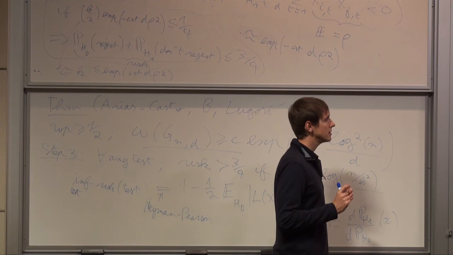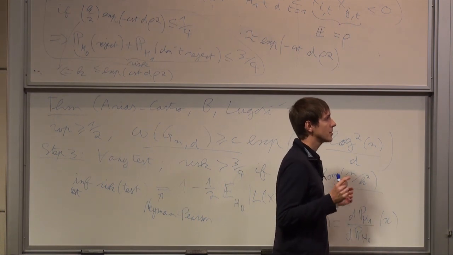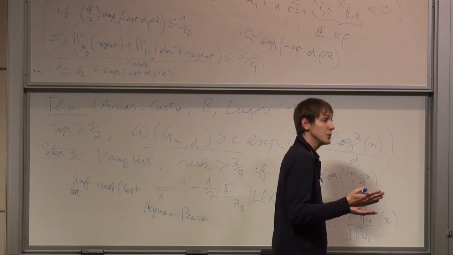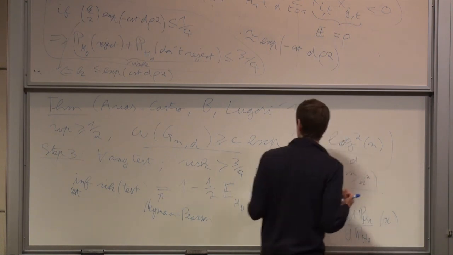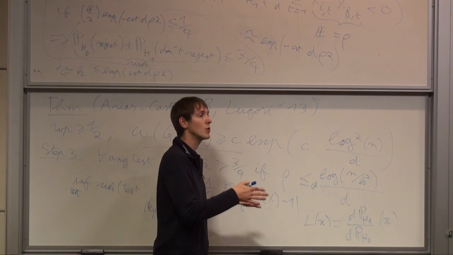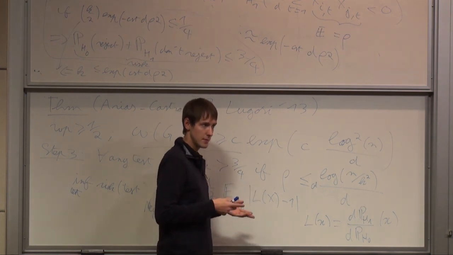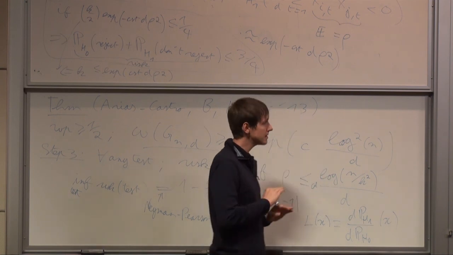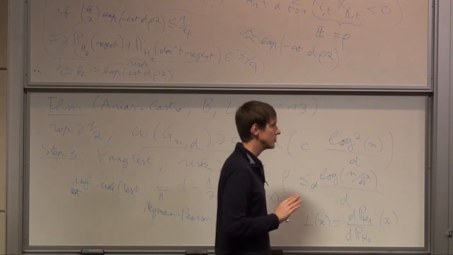But you see, it feels like there's nothing really special about P equals 1/2. There should be, just by continuity, that this statement is robust to small modification of P. Yes, but what if P is getting smaller with n? Oh yeah. Then okay.